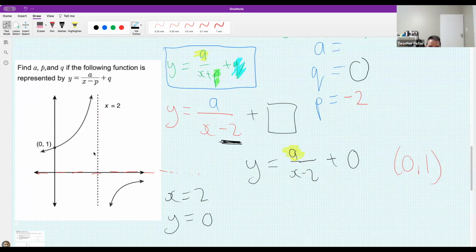So put that in and see if you can find me what A is. What value do you get for A?